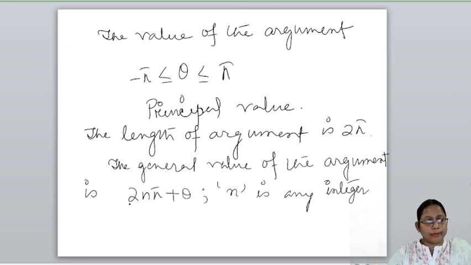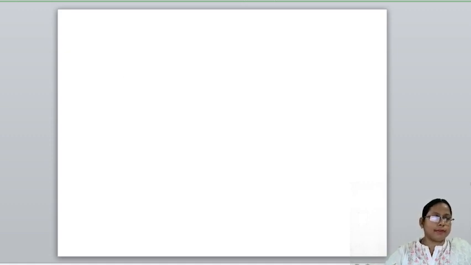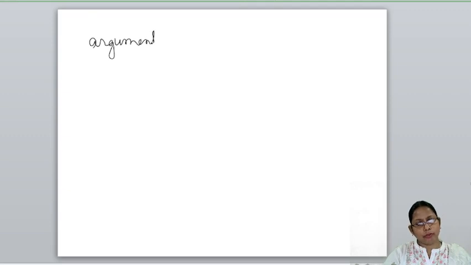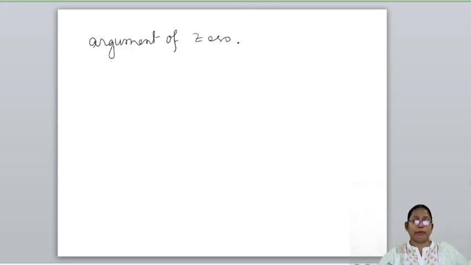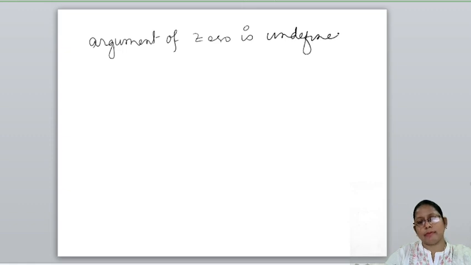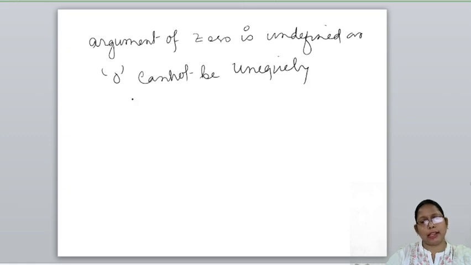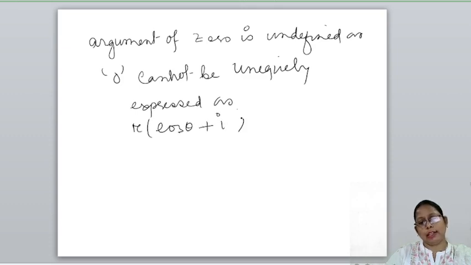The argument of the complex number 0 is undefined, as 0 cannot be uniquely expressed as r cos theta plus i sin theta.